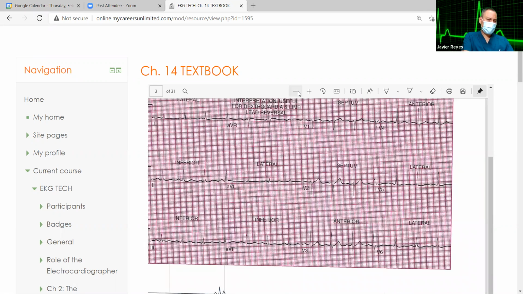Do you see any problems, Raquel? V2 and V3? Why V2 and V3? Okay, V2, it has the R wave, and then the one that goes down is the S wave.